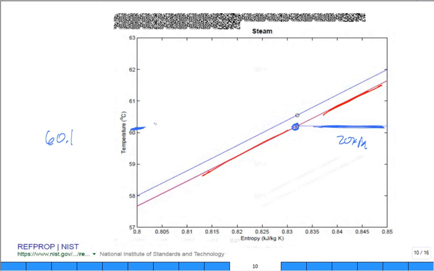Can you see that? This is 60 degrees C, 61 degrees C, 62 degrees C. It's about 60.1 degrees C. Does the line of 20 kilopascal just stop right there? Or is it also on this plot continued? It's continued, but it's underneath the red line.